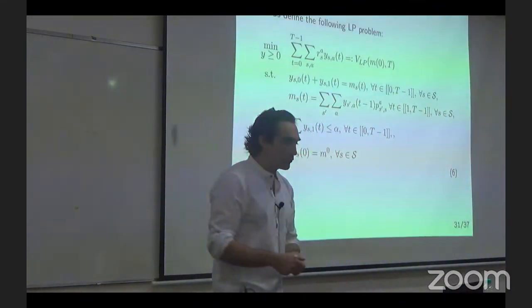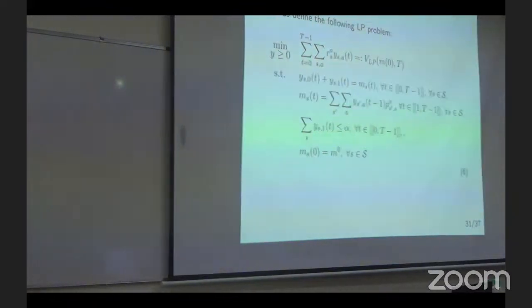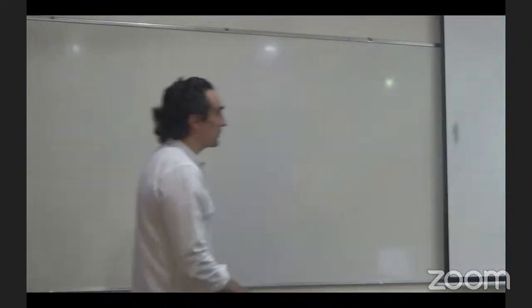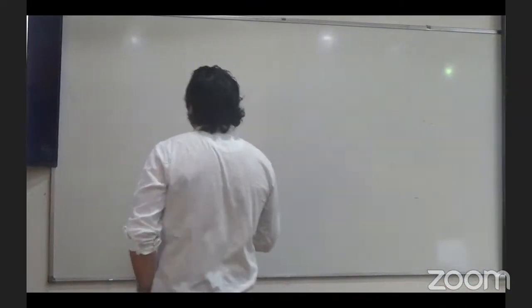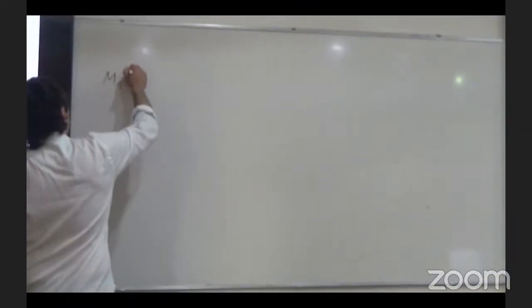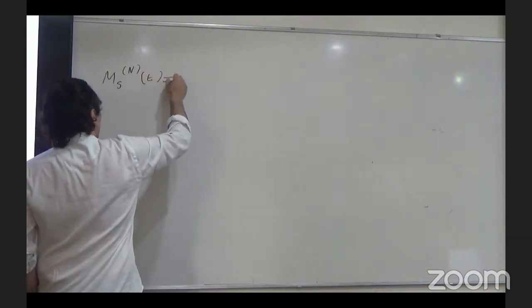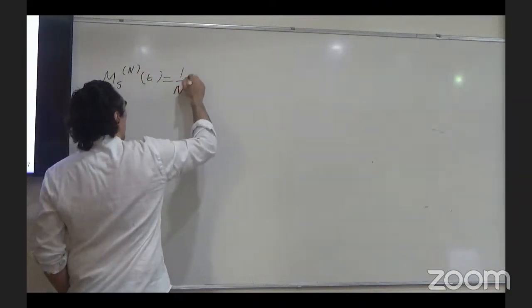So let's do the proof. So again, I will define, so now I have to be a bit careful, just so that I'm not messing up again. I will say that M_SN of T, as I say, it's a distribution, right?